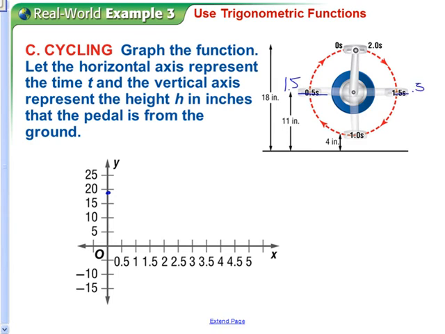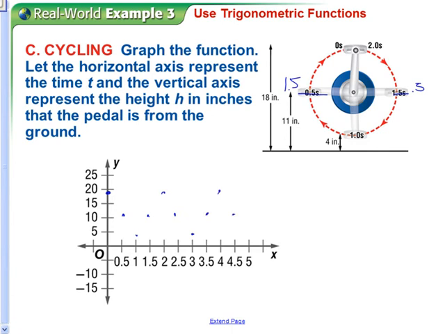At 0.5, it would be at 11. At 1, it's going to be at the bottom, which is at 4. At 1.5, it's back up to 11. And 2, up to 18. Then at 2.5, back to 11, and then down to 4, back up to 11, back up to 18.